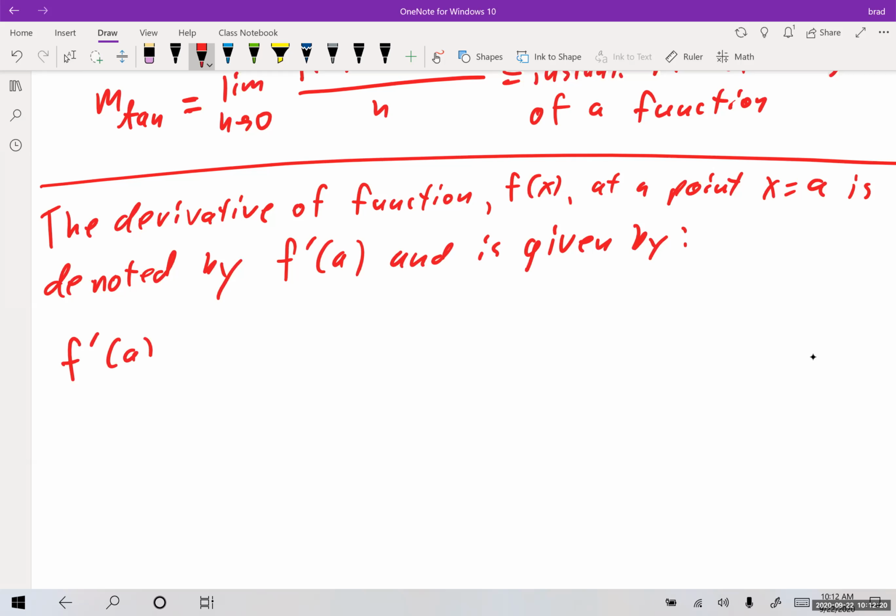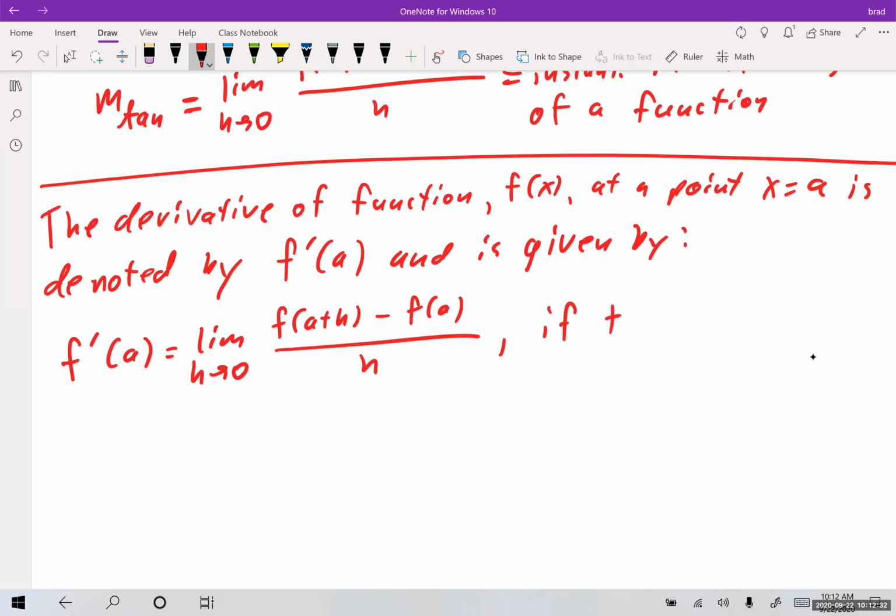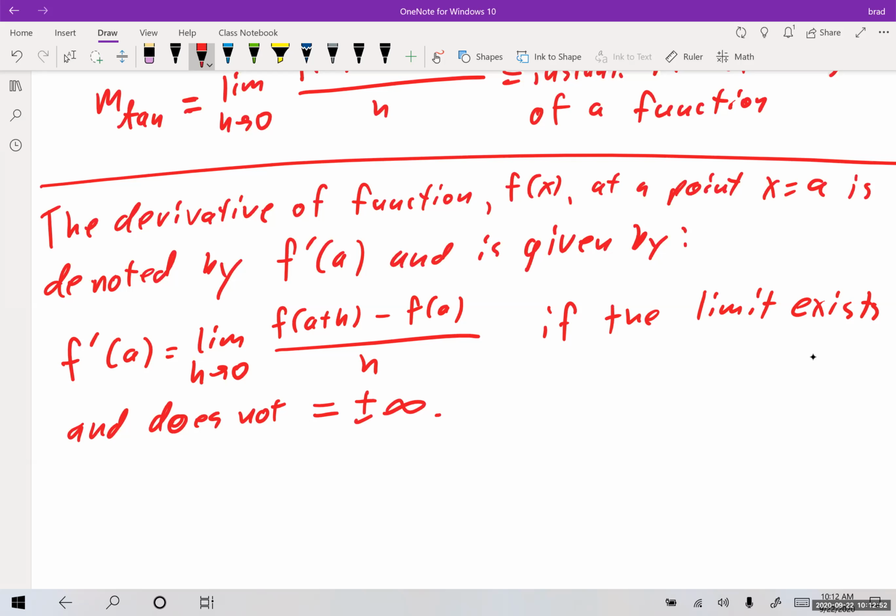F prime of a is equal to the limit as h approaches 0 of f of a plus h minus f of a all over h, if the limit exists and does not equal plus or minus infinity. Okay, so we don't want plus or minus infinity from these limits.